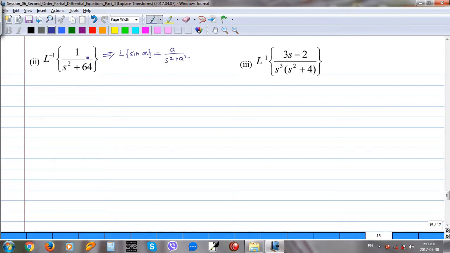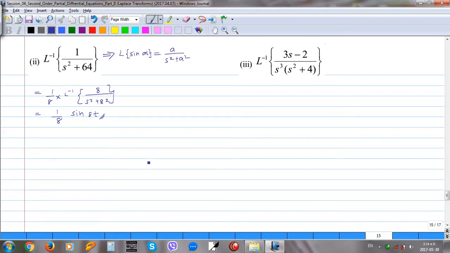So we can create sin 8t here. For that, we need a over s squared plus a squared, with a equal to 8, so we put 8 in the numerator and multiply by 1 over 8. So this part is sin 8t, where a is 8. This is the answer.